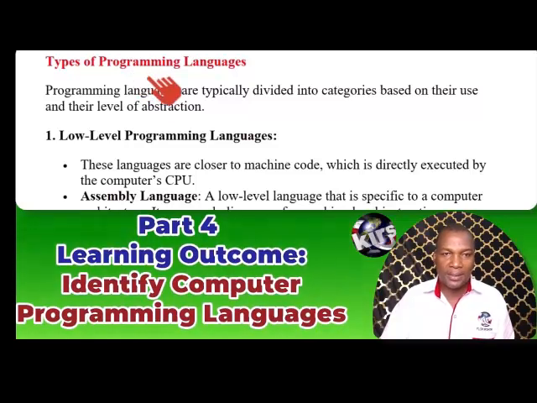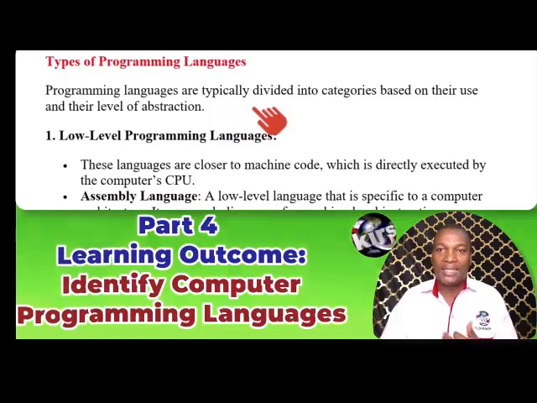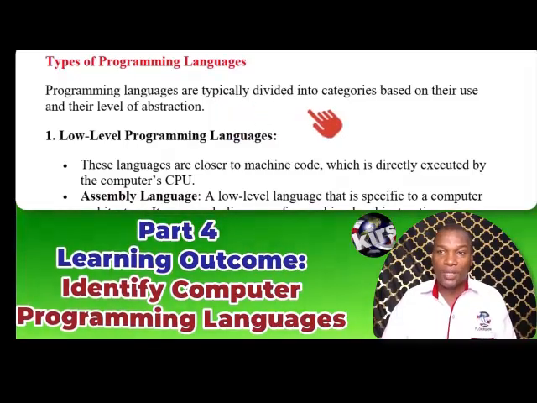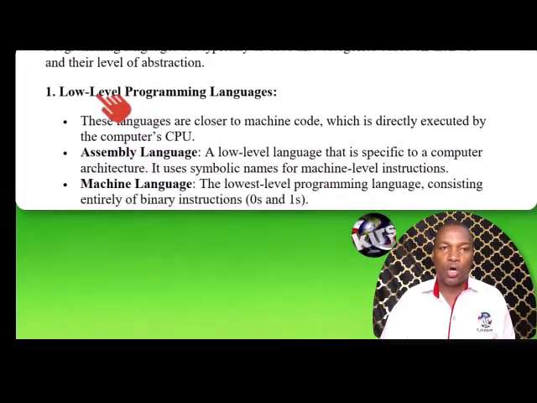I start with types of programming languages. Programming languages are typically divided into categories based on their use and their level of abstraction. We have the first category, which we call low-level programming languages. These are languages that are closer to machine code, which is directly executed by the computer central processing unit.